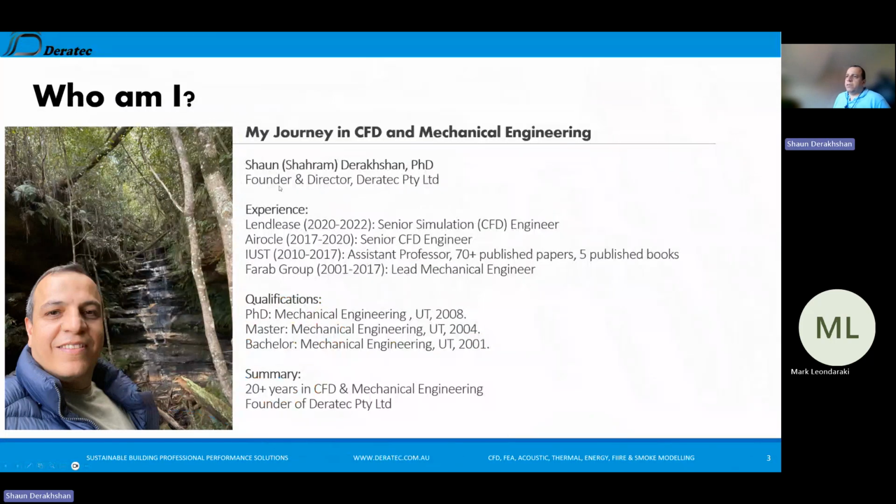So as I said, my name is Shram. You can call me Sean in Australia for easy pronunciation. I'm the founder and director of Duratec, but before that, I worked for Lendlease Airco in Australia and some small companies in air conditioning and ventilation too. Before that, back in my home country, Iran, I was an assistant professor, with an academic background of more than 70 published papers and one published book with Springer in English, mostly focused on water and pump industry, and also CFD.